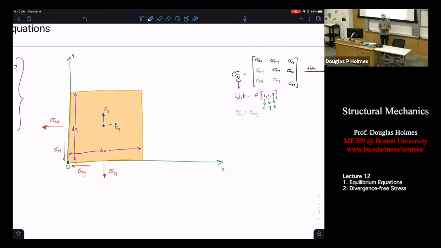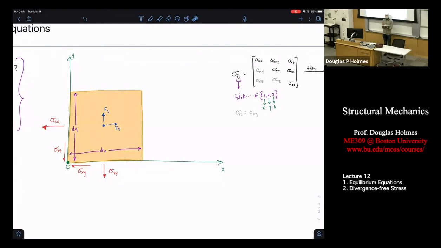So the tricky thing is here. Here's the part that's weird. And I found this confusing when I first saw it until someone showed it to me as a Taylor series expansion about the stress over here.